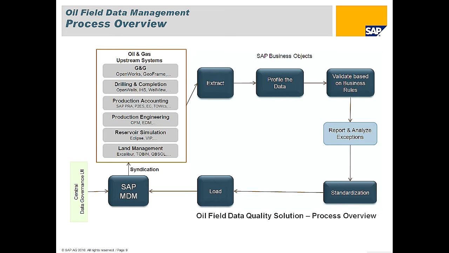When we take the well master definition, it exists in pretty much all these systems in some aspect or other. For example, G&G would be interested in some of the exploration attributes of the well, and that's where it originates. When it comes to drilling and completion, there are different sets of attributes. Drilling may not be interested in all the attributes that G&G captures, and production revenue accounting is mainly about division of interest and the revenue accounting perspective.